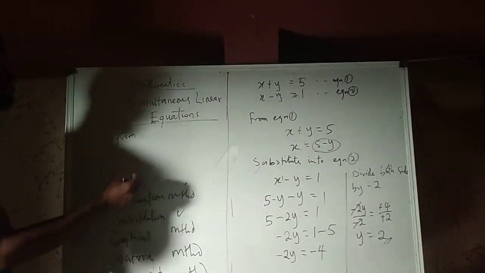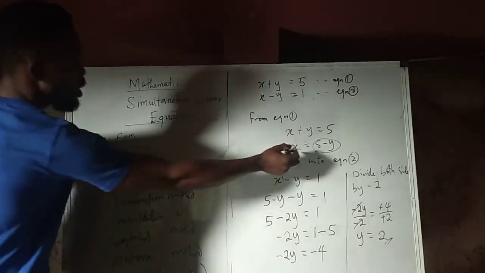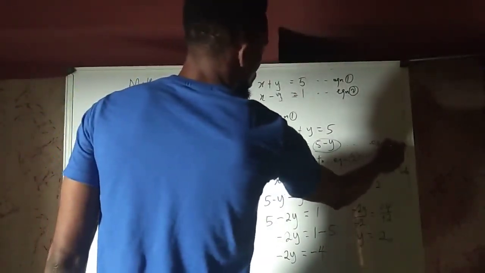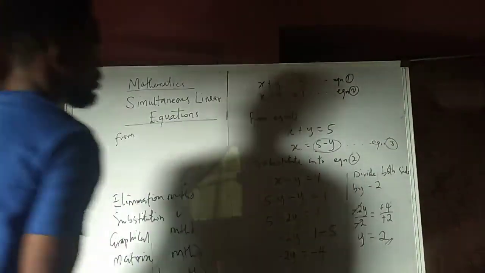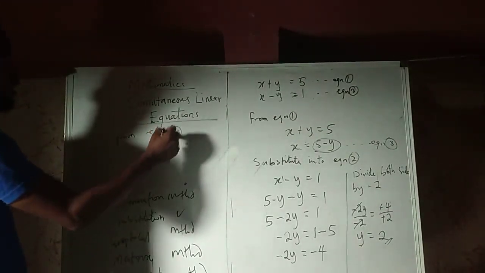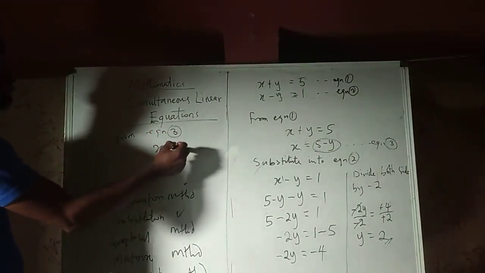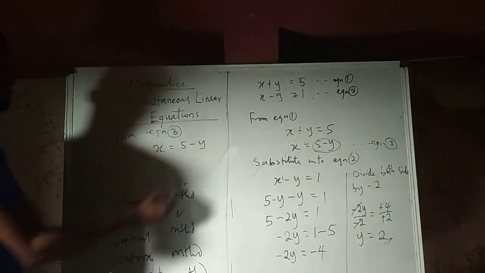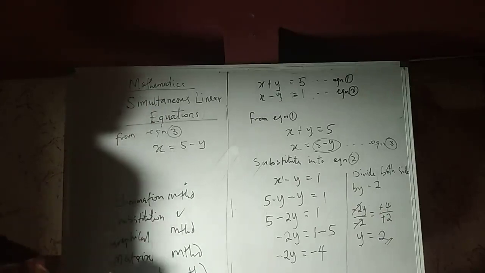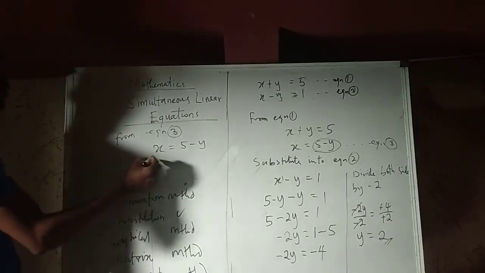from any of the equations, remember that we already have here, let me call this equation 3, the one I used to substitute. So from equation 3, where we have that x is equal to 5 minus y, we can actually use any of the equations for this, but I want to use this because it is a little bit straightforward.